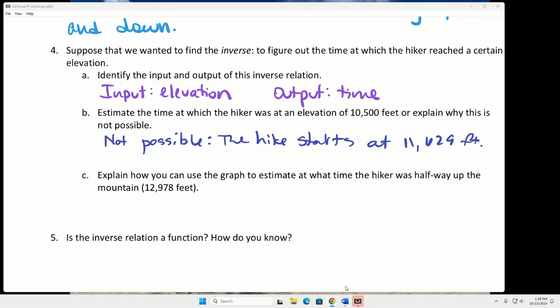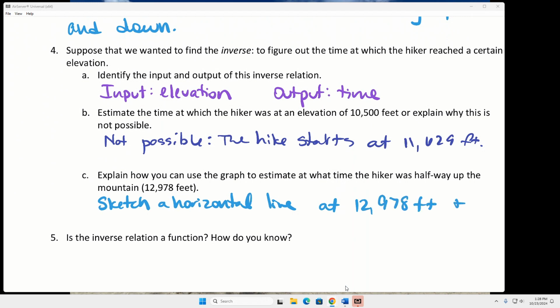So to explain that, you would sketch a horizontal line at 12,978 feet and estimate the times where the graphs intersect.